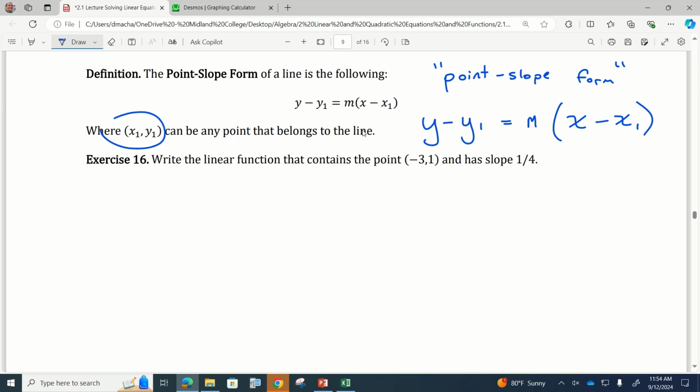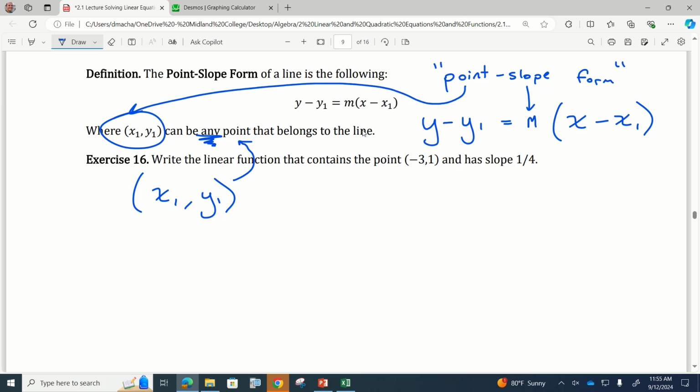And the definition here is that this coordinate pair, x1, y1, can be any point that belongs to the line. So there's infinitely many choices; you just pick any one of those and it's going to work. And of course, m is the slope, like it was before. This is called the point slope form because you can look at this formula and tell what one point is on the line and what the slope is.